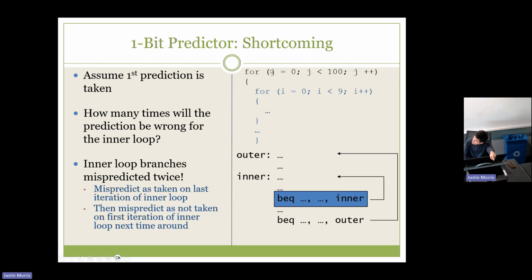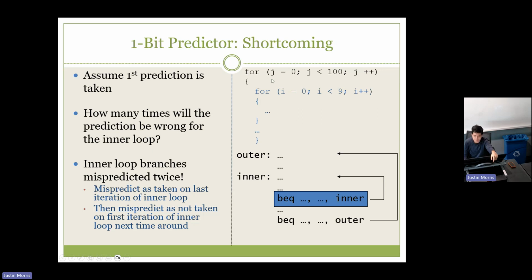So when we come back from this loop and come back here the second time, I predict not taken, right? Because that's what it was before. So I get it wrong for the first one. And then I start taking, and I start getting it right, right? But then at the end, I get it wrong again.